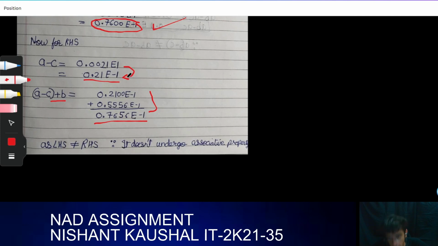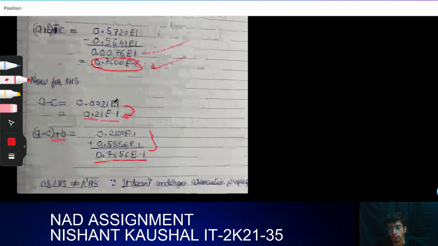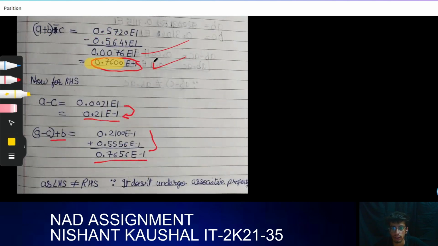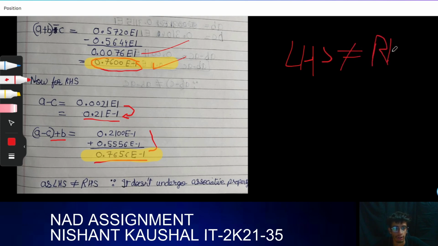So we will convert it to the e raised to the power minus 1 state, and then we will add it to b. So if we see this digit and this digit, we can clearly see that LHS is not equal to RHS, right? And if LHS is not equal to RHS, it doesn't satisfy the associative property.